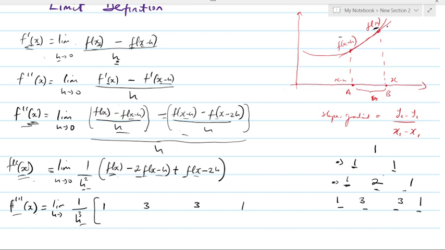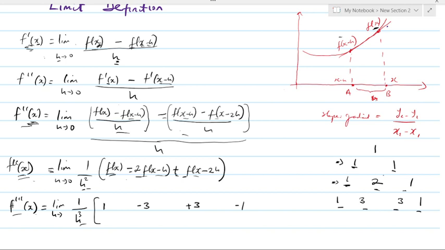So you will see that it's following a particular pattern. This is positive, this is negative, this is positive, and the next will be negative. Alright. If you also take note, for the first derivative we have f of x and f of x minus h.